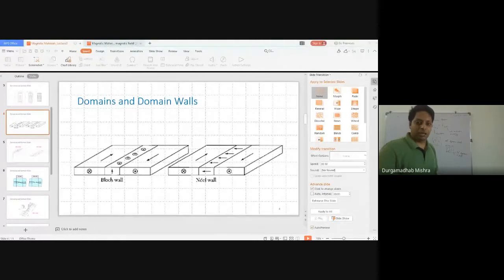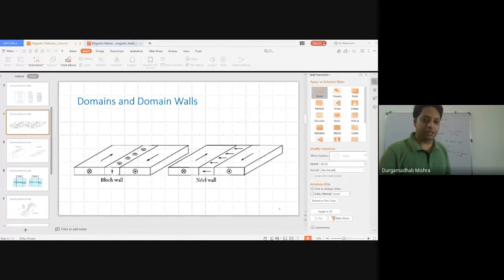Okay, so this is the domains, and the single domain, figure A, breaks up into domains and domain walls. There are basically two kinds of domain walls possible. One is called a Bloch wall, and another is a Néel wall.